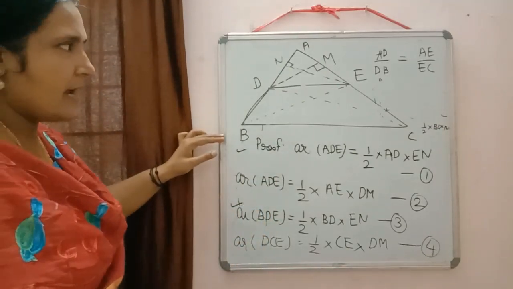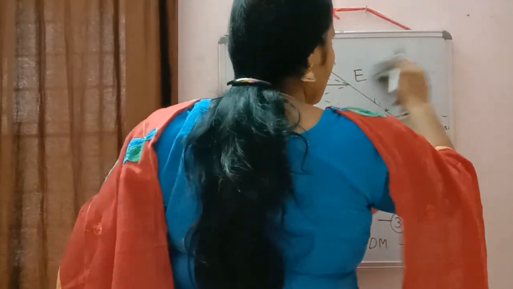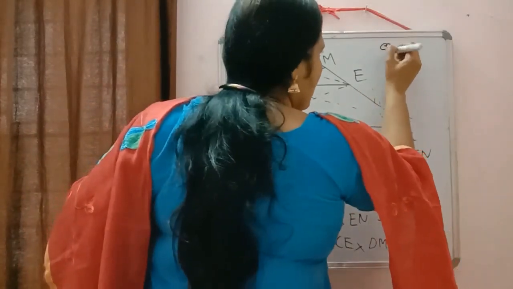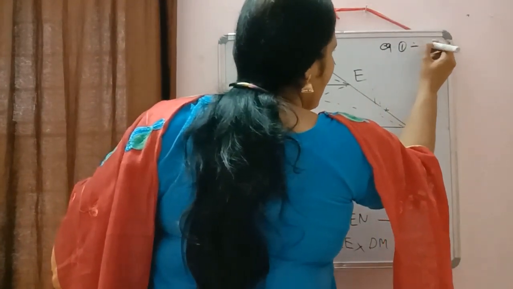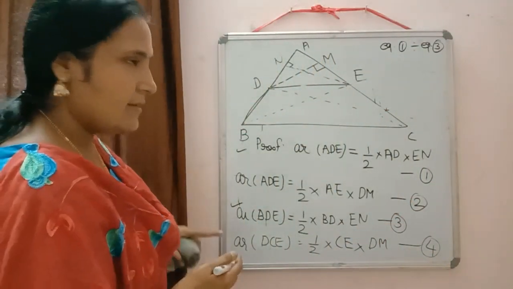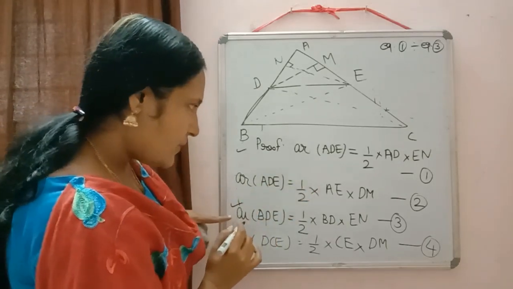So we do equation 1 divided by equation 3. Equation 1 is there, equation 3 is here.